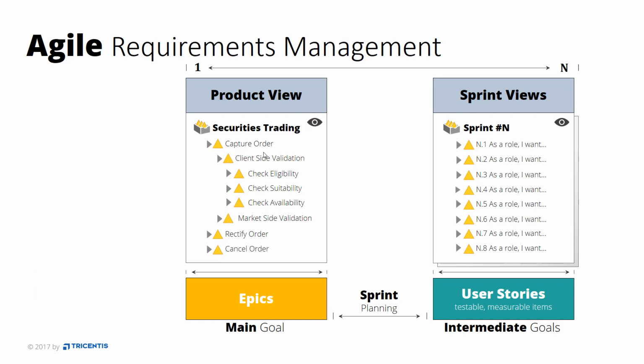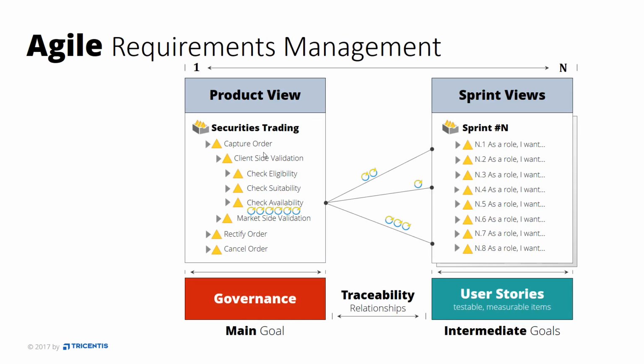Jumping to the next level would be the tests themselves. If we have created tests for our user stories so that our user stories are covered fully, then we decide what tests should be taken to the product view to be in the regression portfolio.